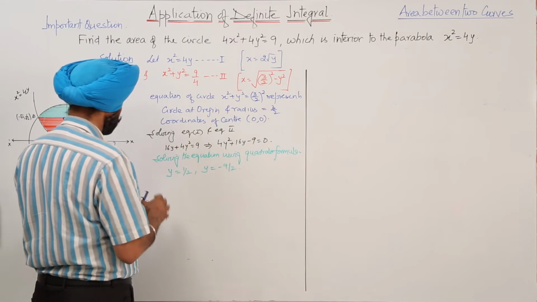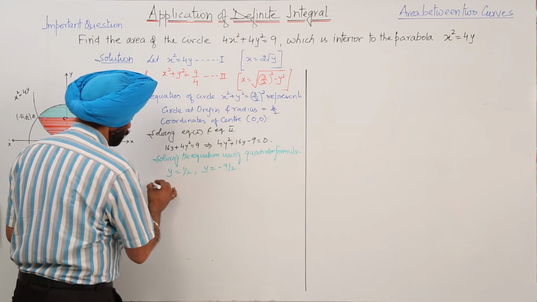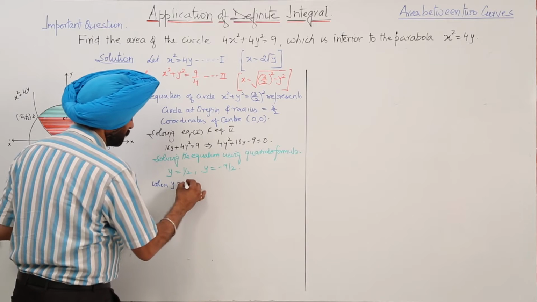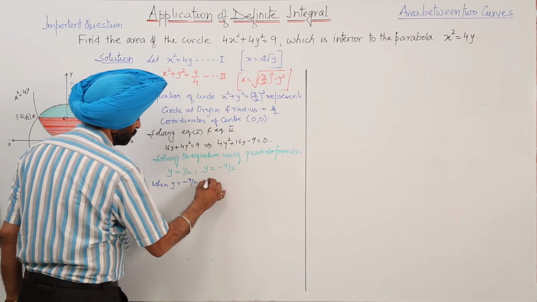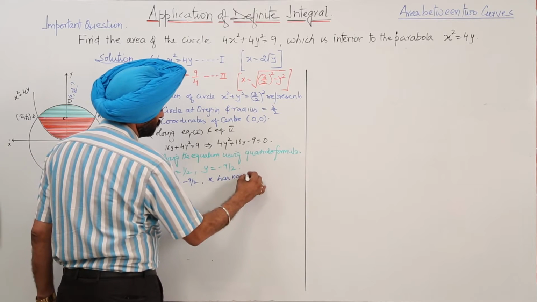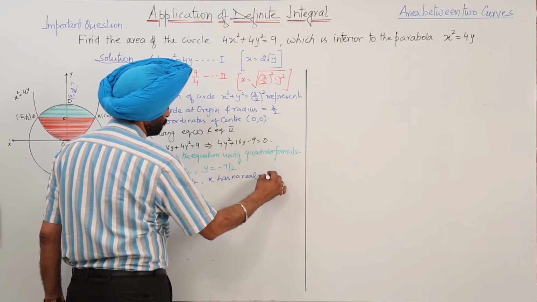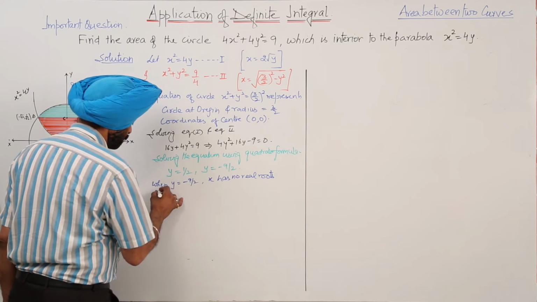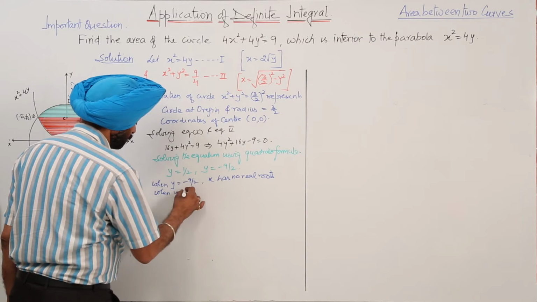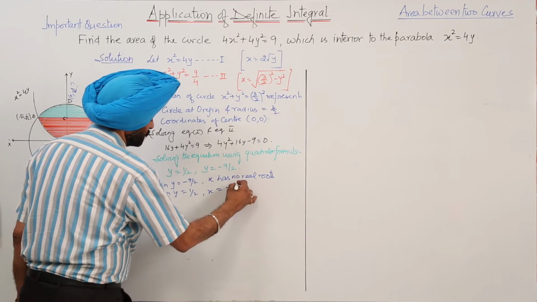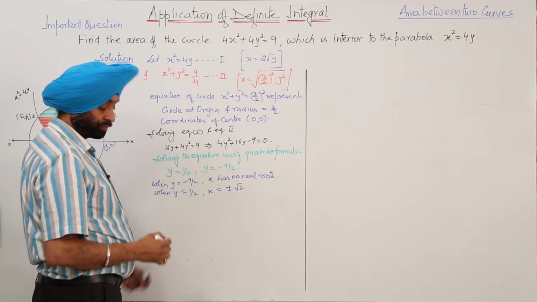Now when y is equal to minus 9 by 2, x has no real roots. Roots are imaginary, okay? And when y is equal to 1 by 2, x is equal to plus minus square root of 2.